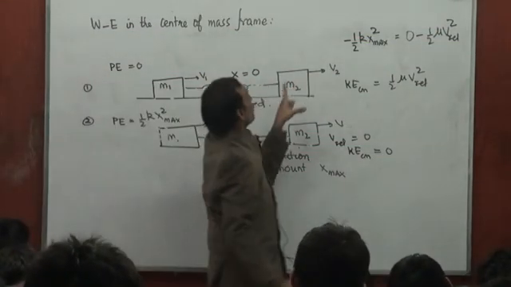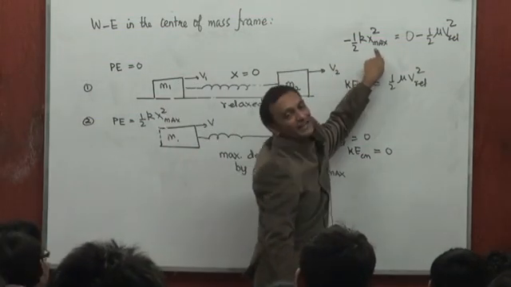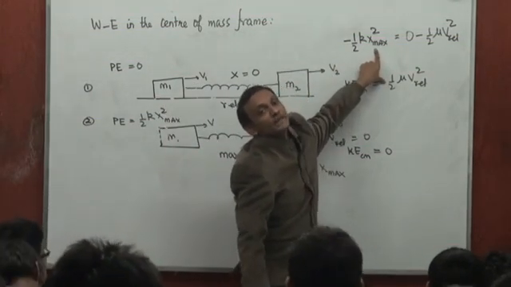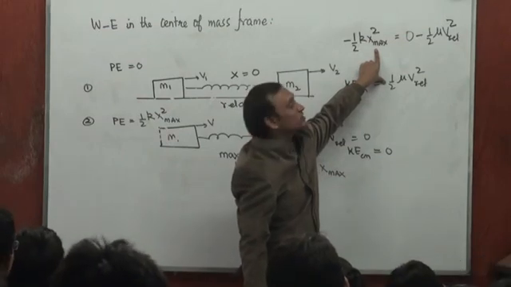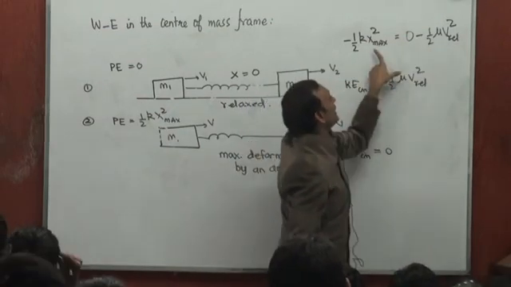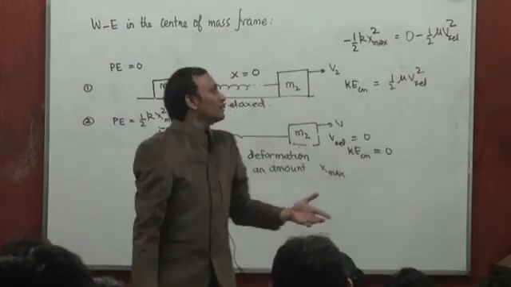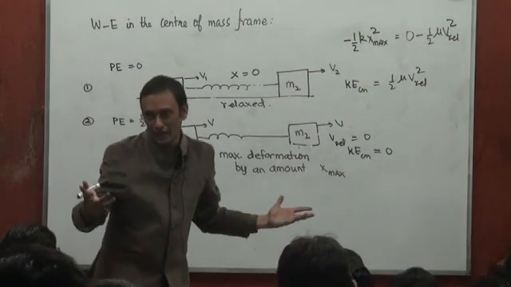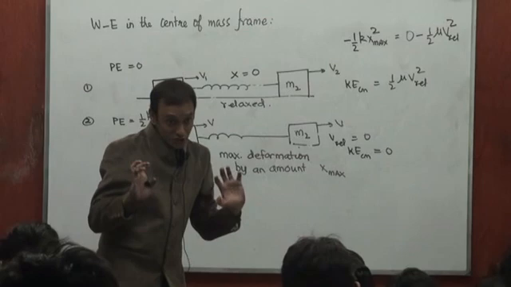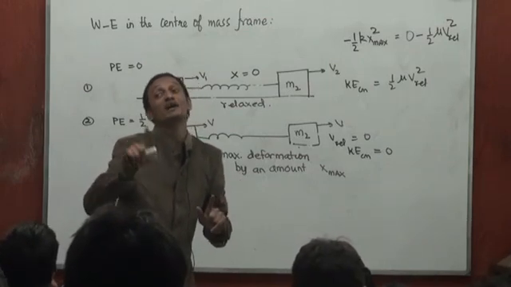They would obviously give you v1 and v2, and then you can readily calculate the maximum deformation produced in the spring. So half k x max squared is half mu v rel squared. Mu is known, v rel is known, and x max could be computed given the value of k. Right? So this is applying the work energy theorem for a two-particle system in the center of mass frame.